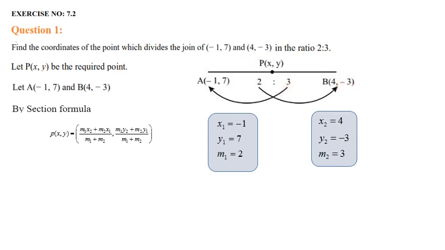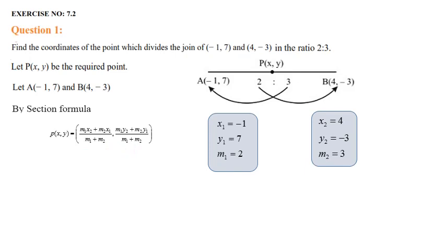Now it's quite simple, just substitute it. Once again, before substituting: x1 is -1, y1 is 7, m1 is the first ratio, that is 2, and x2 is 4, y2 is -3, and m2 is the balance of the ratio, that is 3.